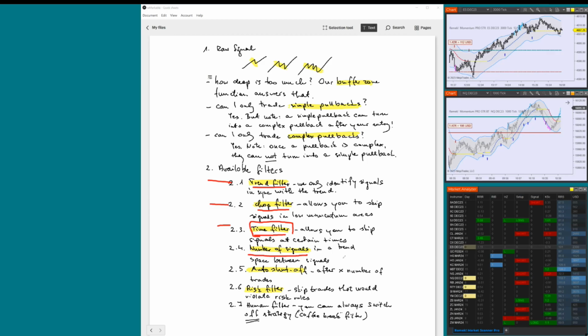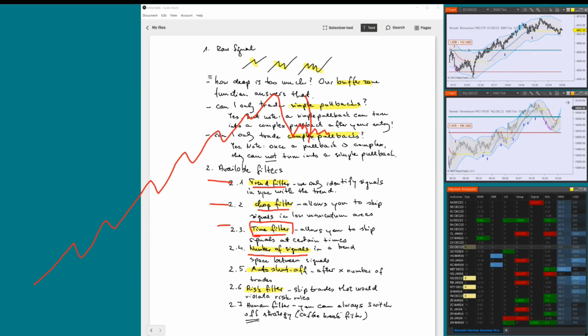The next filter, which is built into the software, is the number of signals. Because consider this, okay, we define the trend, that's fine, but you see, everything is lagging. The trend definition is certainly lagging because if price does this, it will take more price data before the trend definition algorithm, however good it is, will decide that the trend is over.